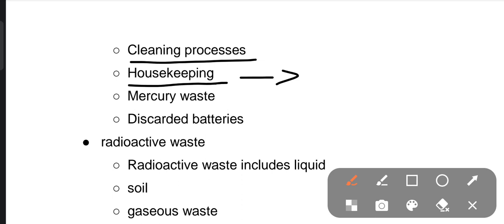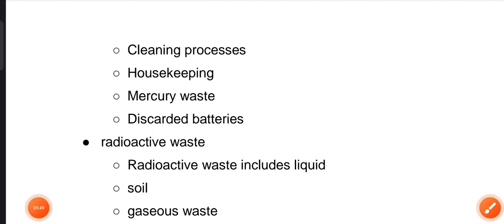And mercury waste, mercury we commonly see in the sphygmomanometer, the BP operator, and discarded batteries. So these are chemical wastage.